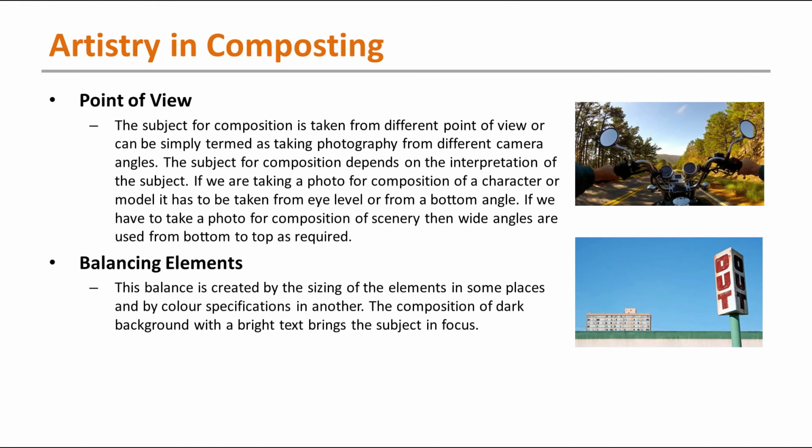If we have to take a photo for composition of a scenery, then obviously wide angles are used from the bottom to top as required. This balance is created by the sizing of the elements in some places and by color specifications in another. The composition of a dark background with a bright text brings the subject into focus.